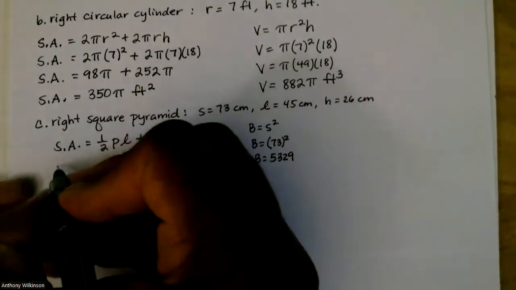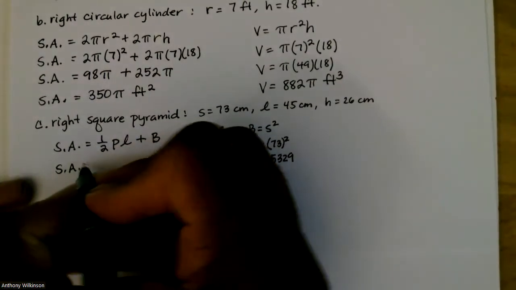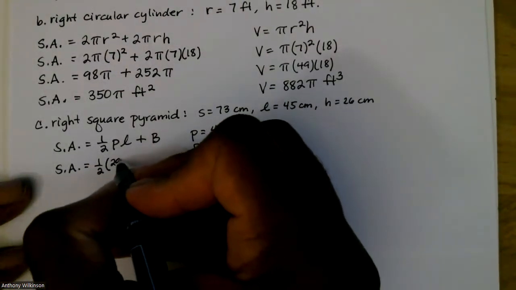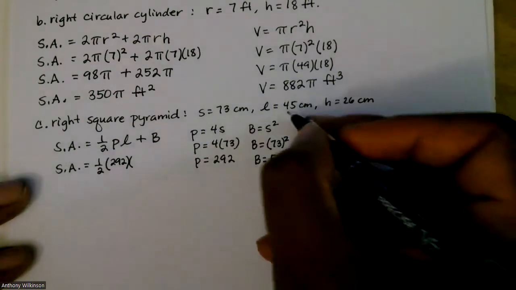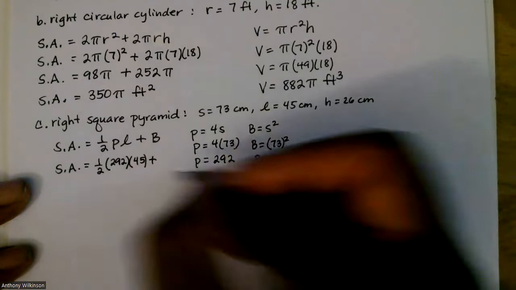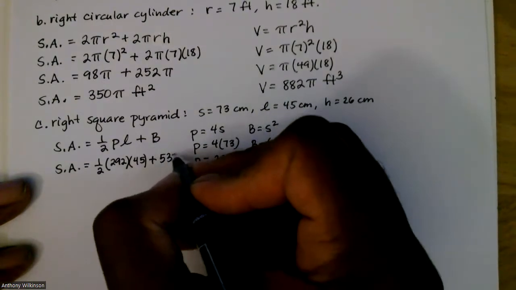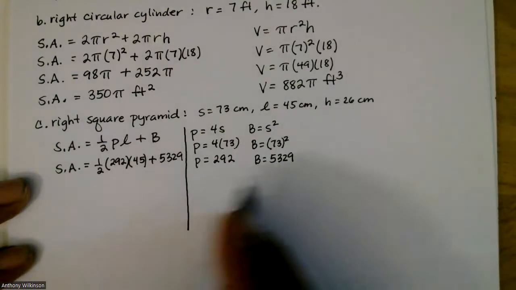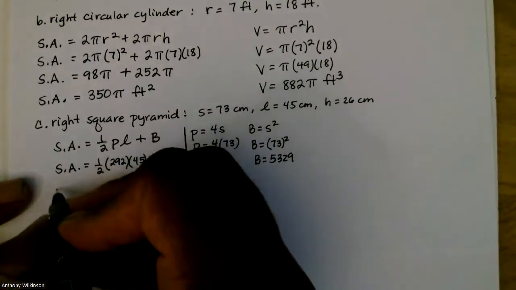So now our surface area will be 1/2 the perimeter, which is 292, times the slant height, that's 45, plus the area of the base, which is 5,329. I'm drawing a line here to separate the side work that I'm doing here.